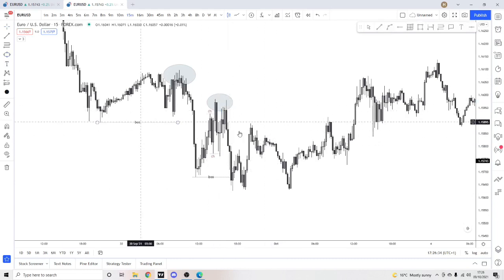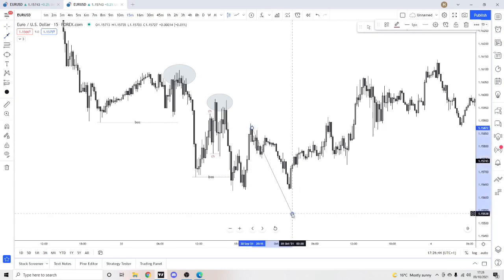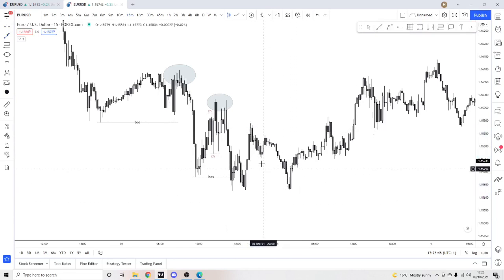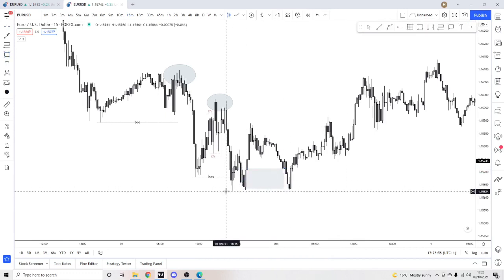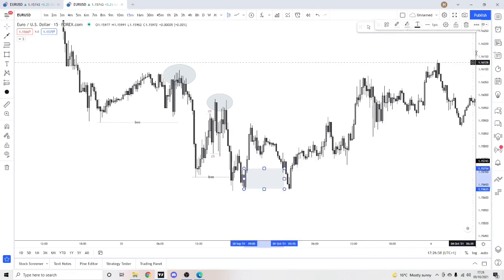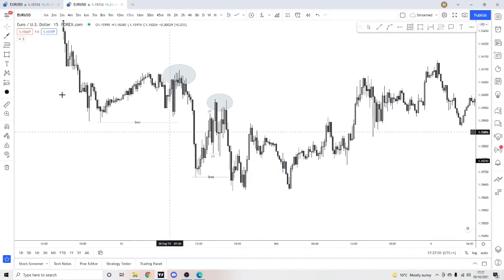Price comes back up, back into supply, which we expect would normally run the low. But as we can see, price comes back down into demand. So we now have demand here. We don't break this low. The internal leg supply, which was holding, now gets taken over by demand.